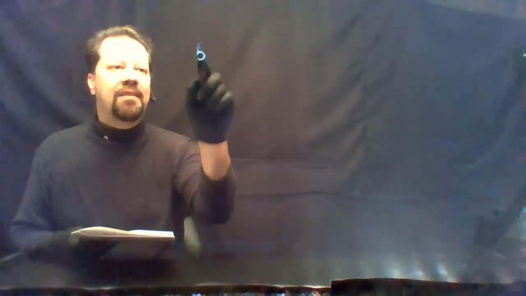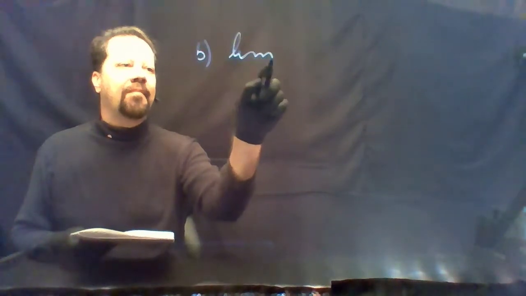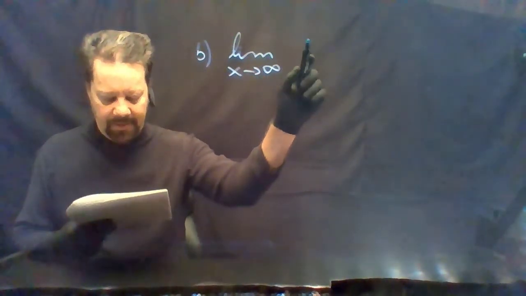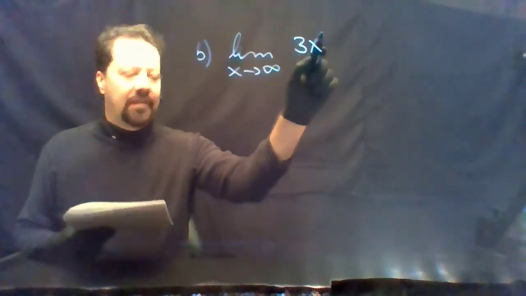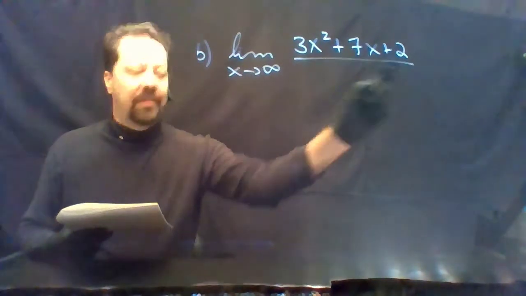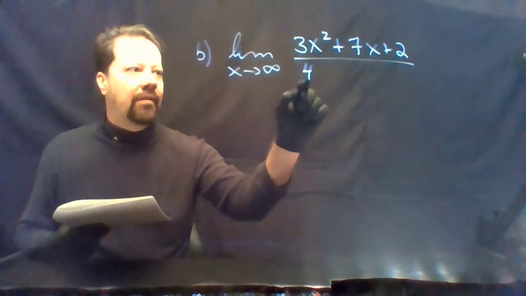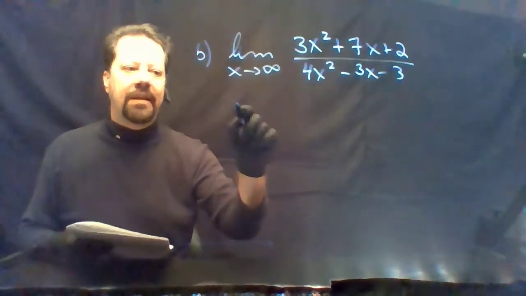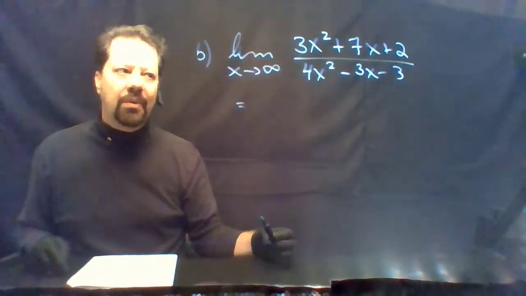On 8b, we have the limit as x goes to infinity of, let's say, 3x squared plus 7x plus 2 over 4x squared minus 3x minus 3. I'll be terribly disappointed if you have to show any work.